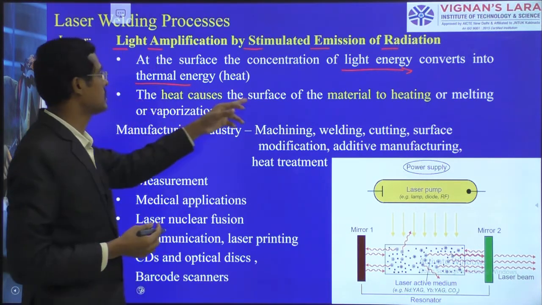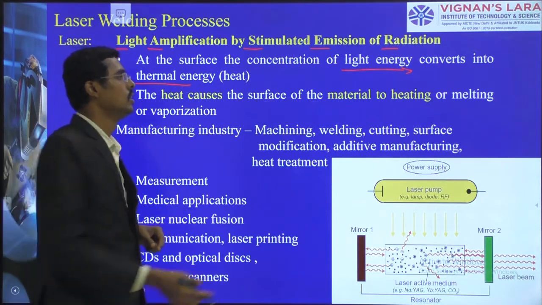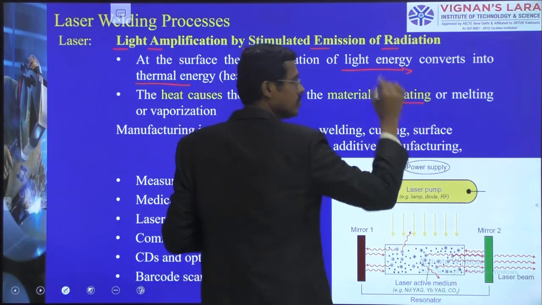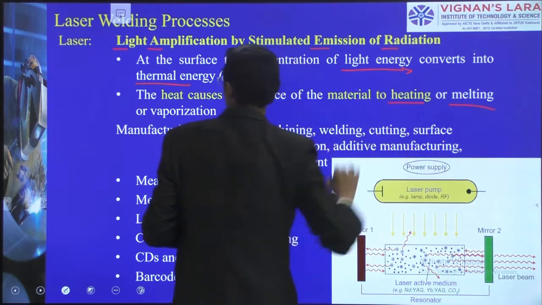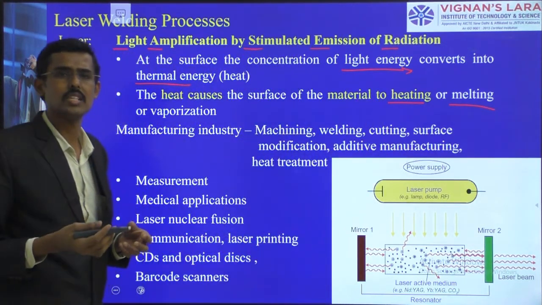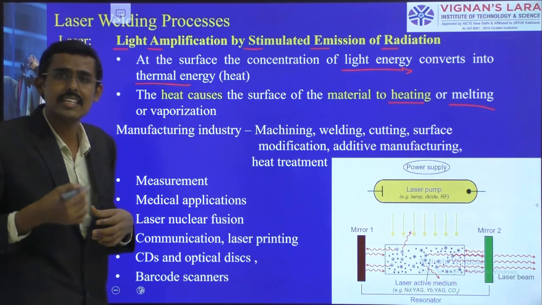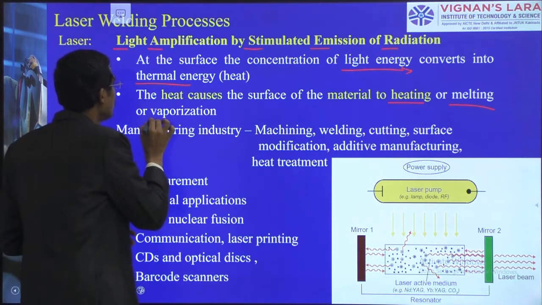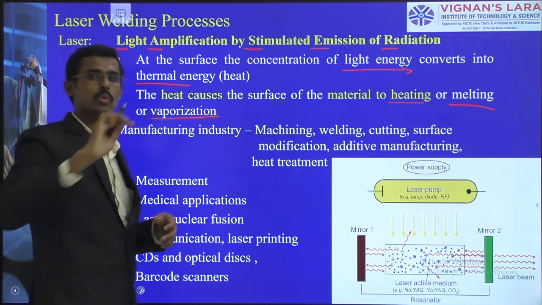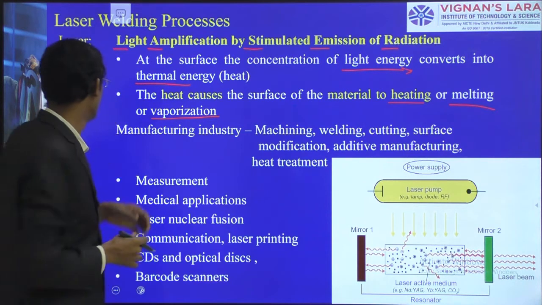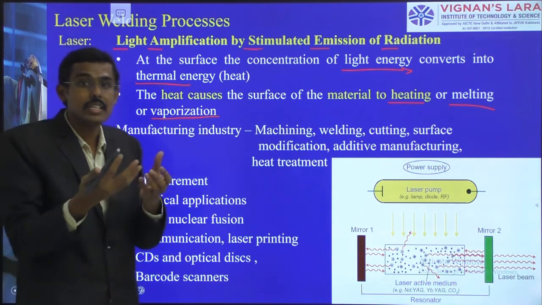The heat causes the surface of the material to heat up and then melt, or if the intensity of heat is very high, it may even vaporize. Therefore, we use it for joining purposes.